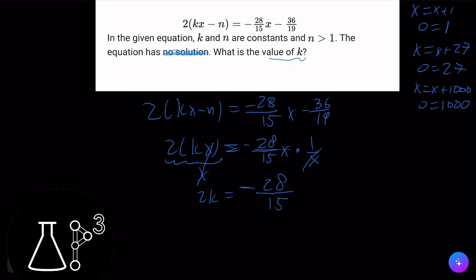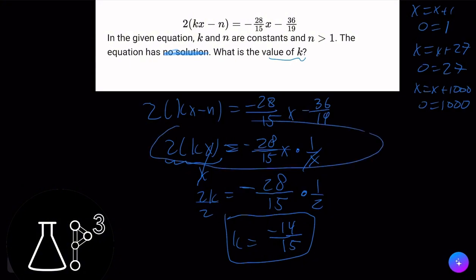If I divide both sides by 2, I get k equals negative 14 over 15. And that is the value we're looking for, the k constant. But let's plug k into this equation and make sure the statement is true, because if x cancels out, the k value makes the whole equation no solution regardless of what constant.